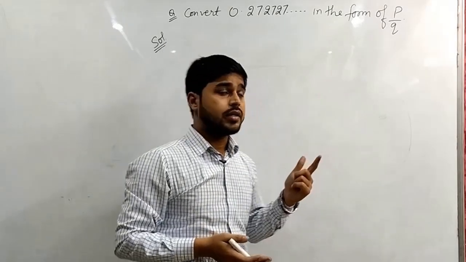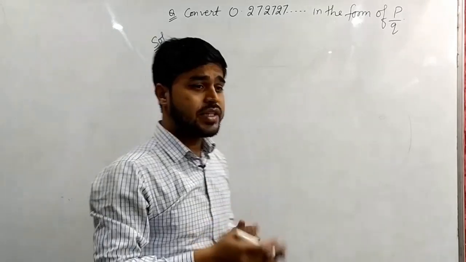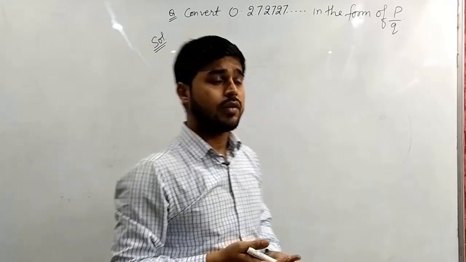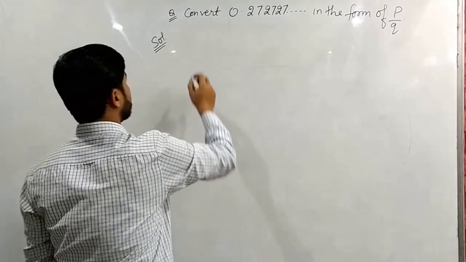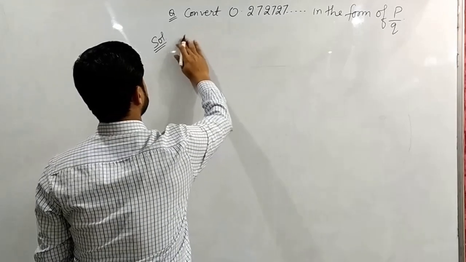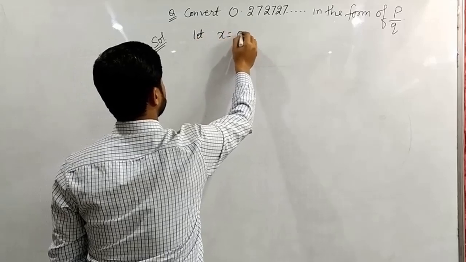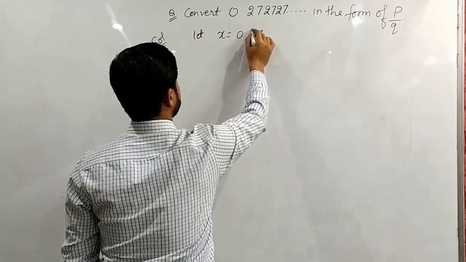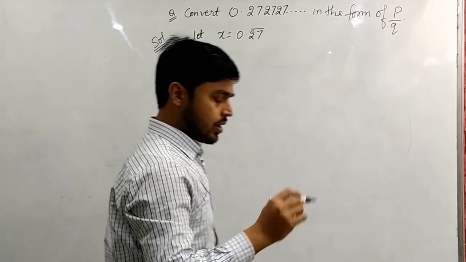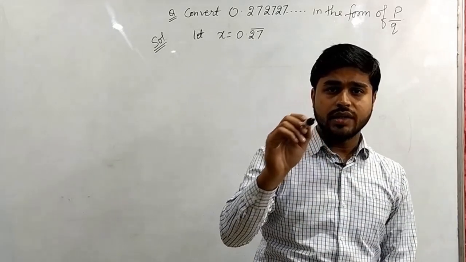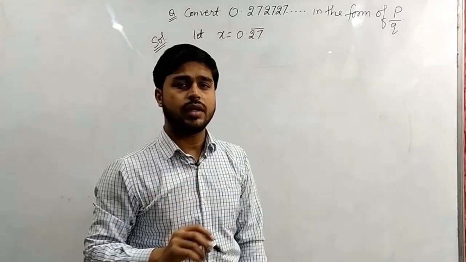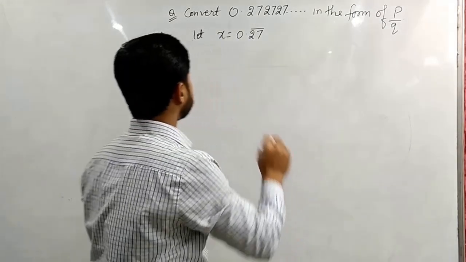Now here a stream of 27 is repeating itself an infinite number of times. What we have to do here is go with the same procedure. Let us assume again that x is equal to 0.27 bar, and I am using the bar on 2 and 7 both, as both digits are repeating again and again.